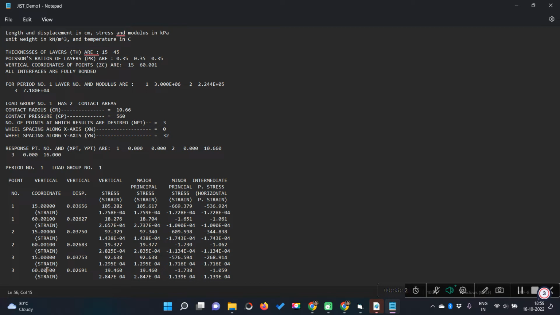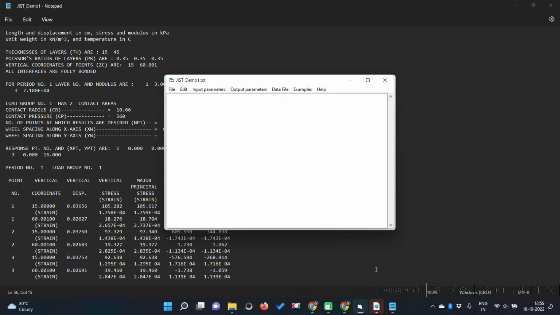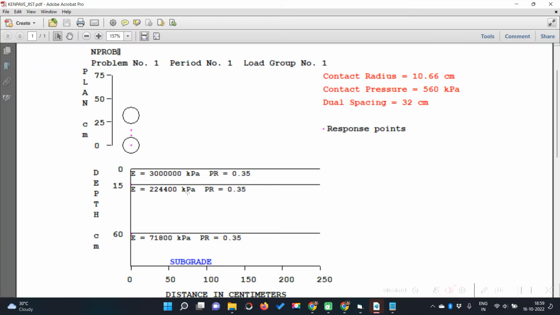So how can I understand? If you open the PDF, you can see these three purple points, right?